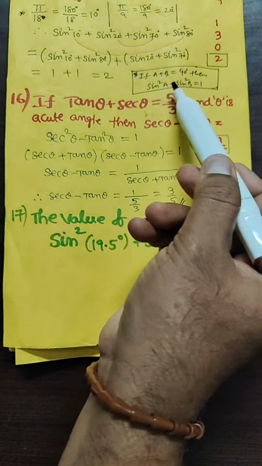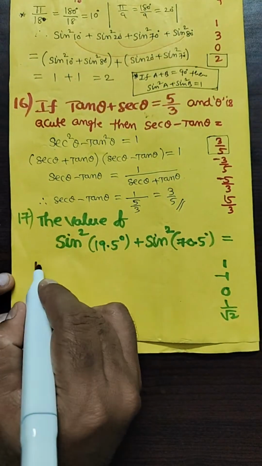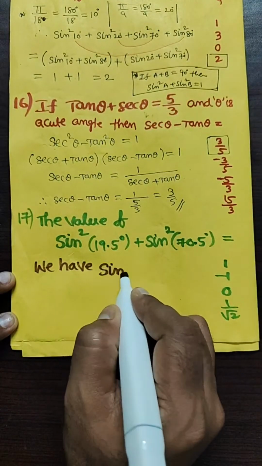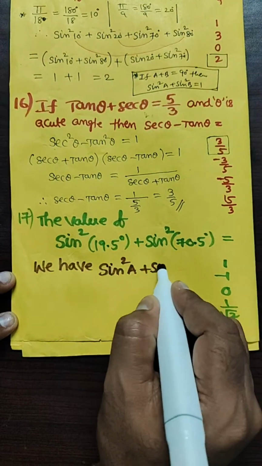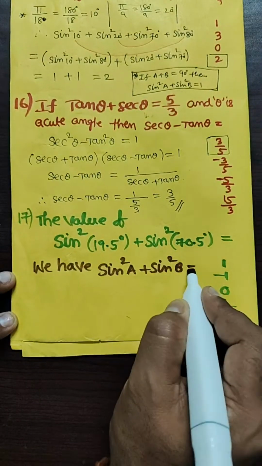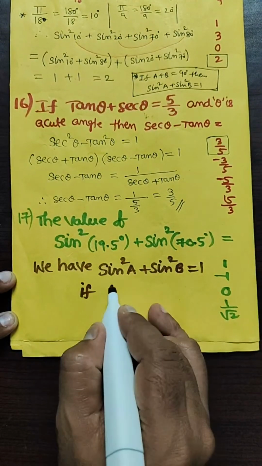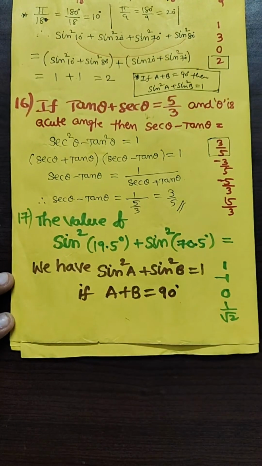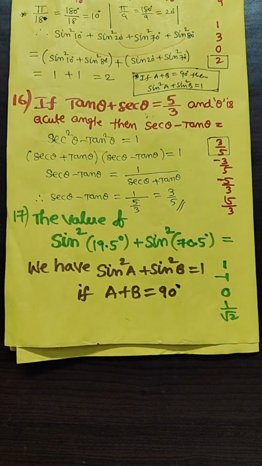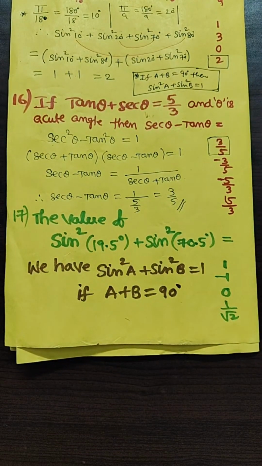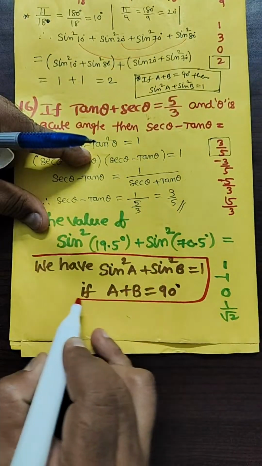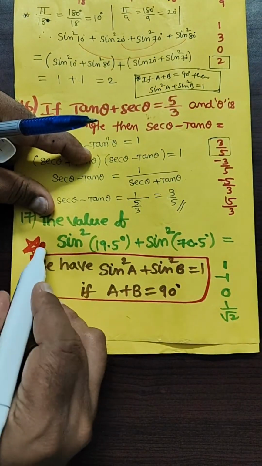Just now I discussed about this one, no? We have sine square A plus sine square B equal to 1 if A plus B is equal to 90. Am I right, dear students? This is a very, very important formula. Keep it in mind and practice.